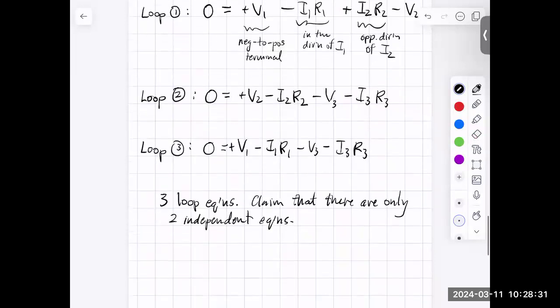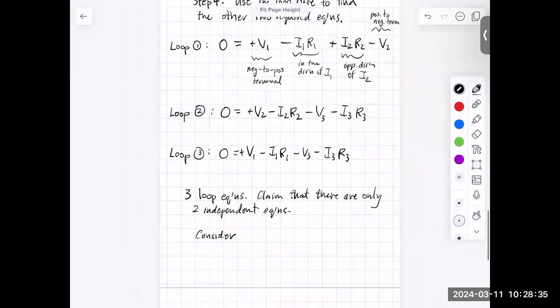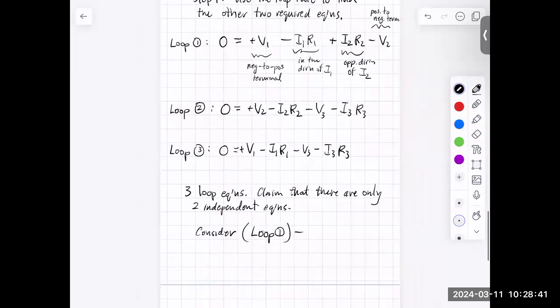So let's consider, let's see, what do we want to do? Let's consider the loop 1 equation minus the loop 2 equation. Sorry, I didn't want to do that. Okay, actually, let's do loop 1 plus loop 2, that is what I want to try.